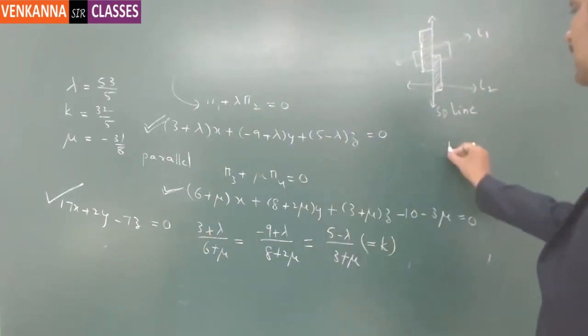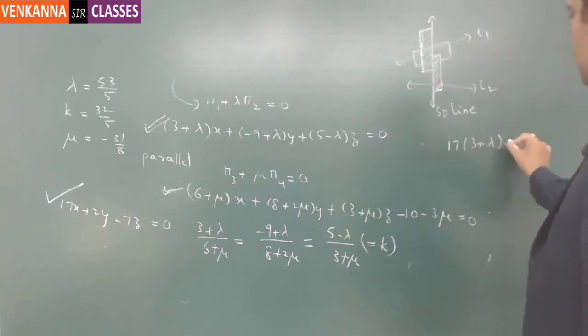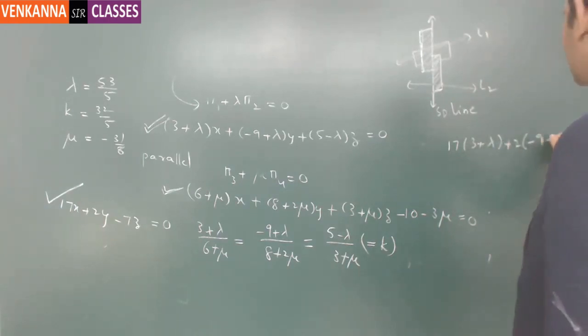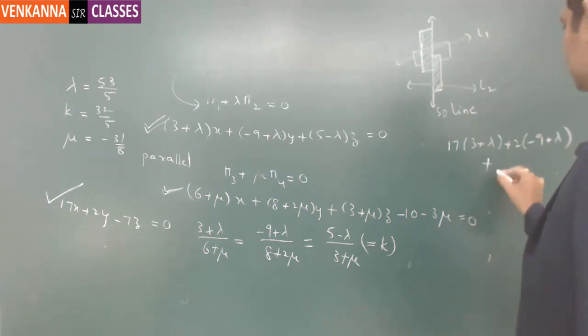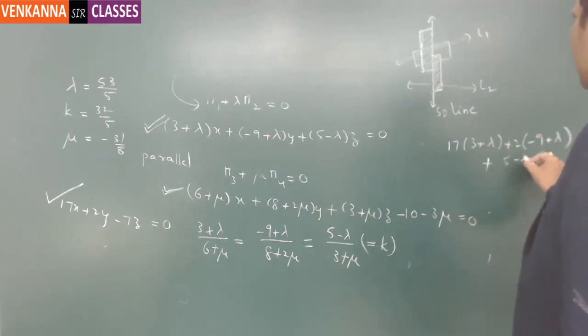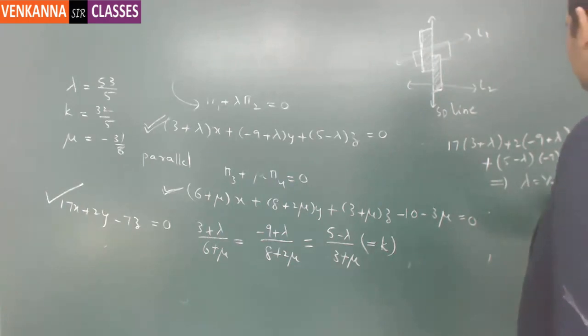Applying the perpendicularity condition, 17 into 3 plus lambda, plus 2 into minus 9 plus lambda, plus 5 minus lambda into minus 7 equal to 0. If you simplify that, you will get lambda equal to 1 by 3.